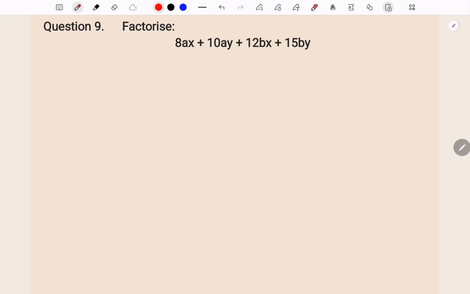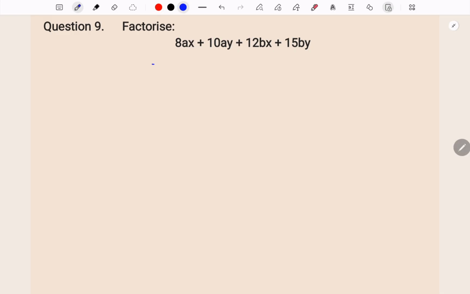Moving on to the next question. Here we need to factorize 8ax plus 10ay plus 12bx plus 15by. Okay, very similar to the previous example. Here we also need to start with collecting the like terms, grouping the like terms together.